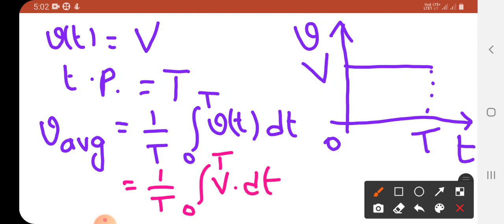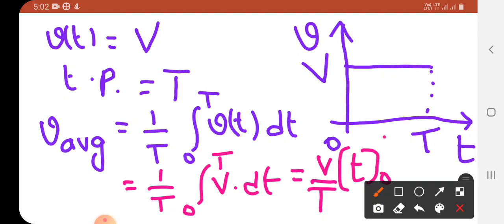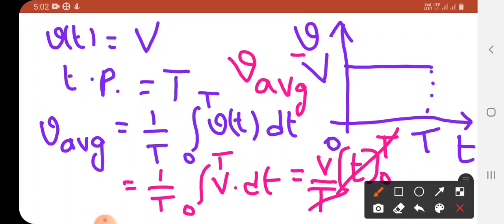Since V is constant, it is V by T times the integration of dt, which is T. If you substitute that, the T gets cancelled, which results in V average equal to V only. Generally in electrical terminology, we consider this as the DC voltage, that is, a constant or fixed DC voltage.